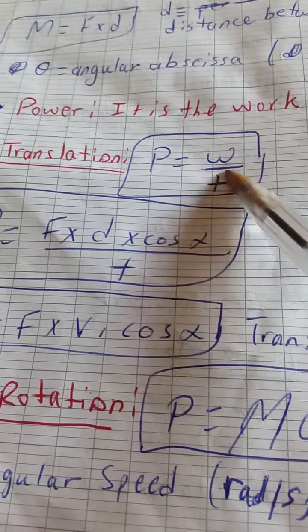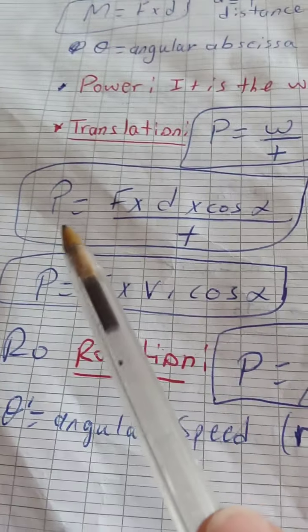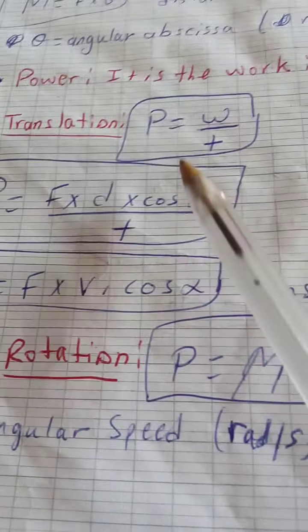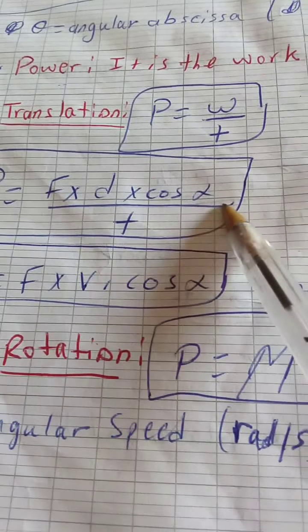But focus on this point. Work equals F times D times cosine alpha.